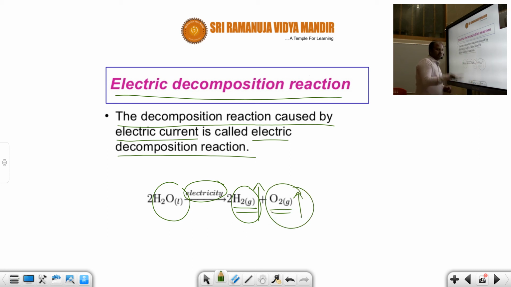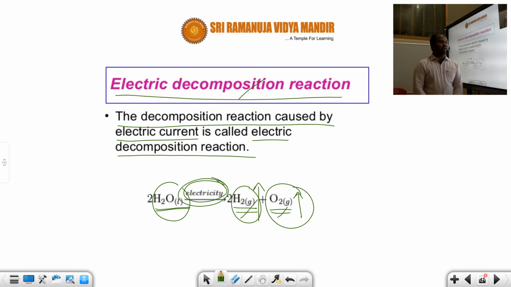Evolves means releases or liberates the gas. So a single substance, water, can be broken down into two or more substances by passing current. That is called electric decomposition reaction.